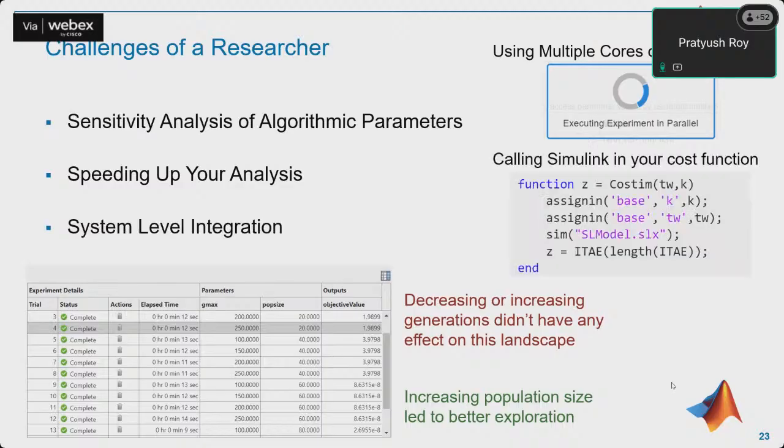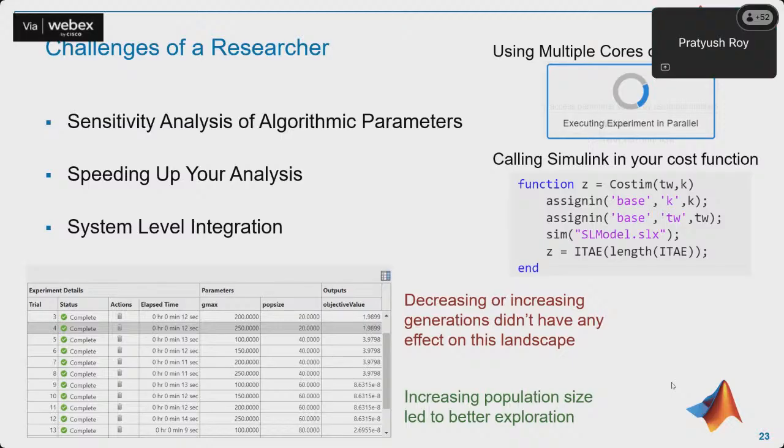Okay, and also whether you want to integrate your optimization routine for solving a system level problem and integrate it at a system level. In those cases, if you want to use it for solving an optimization problem, whether you can do that or not, right?